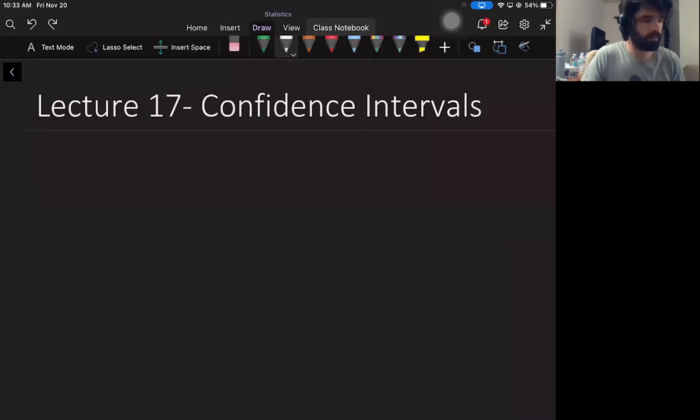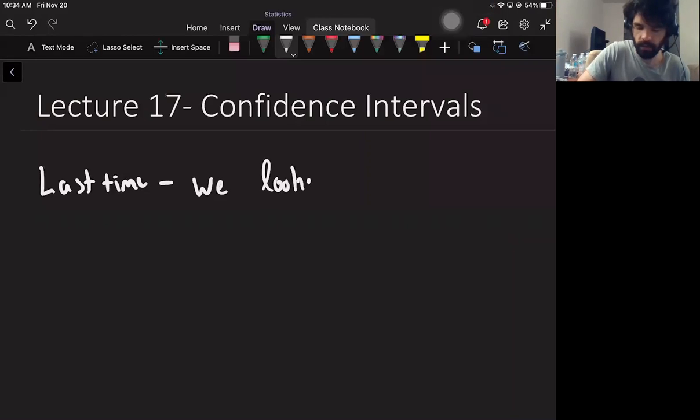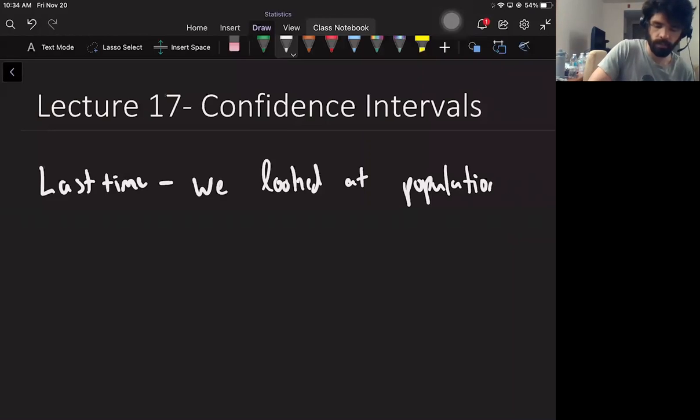Today we're talking about confidence intervals. And so it's sort of like the opposite of what we've been doing. So let me remind you what we did last time. Last time we looked at populations with some proportion.